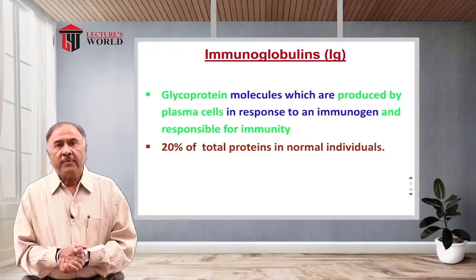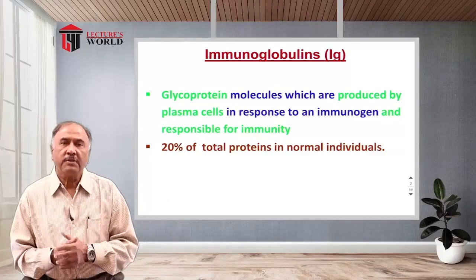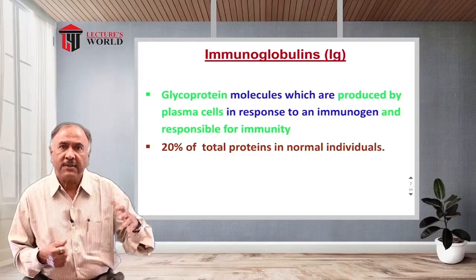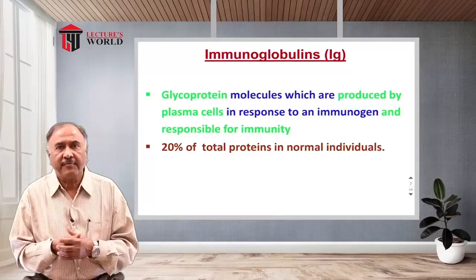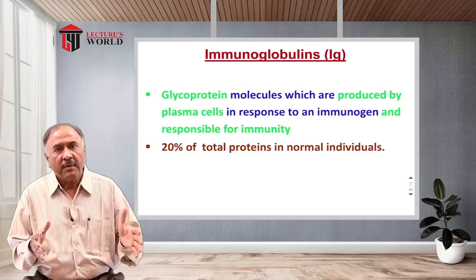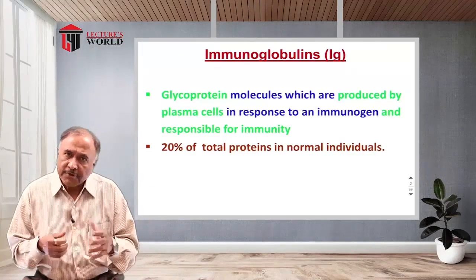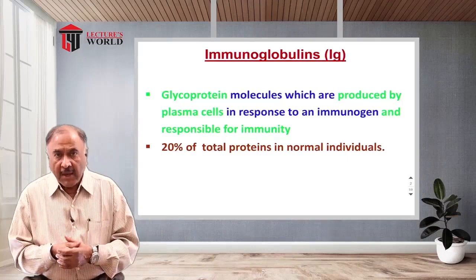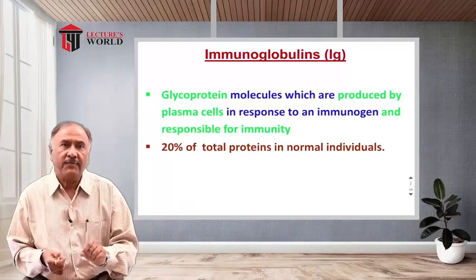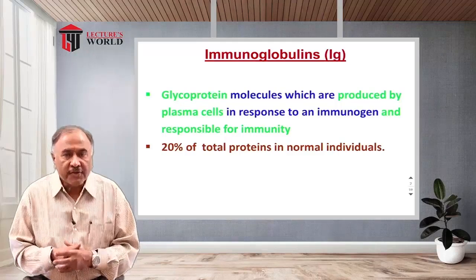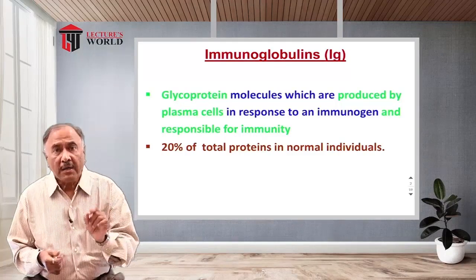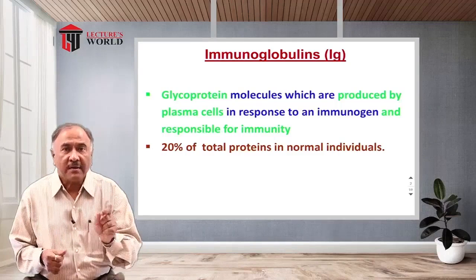It means whenever an immunogen comes across in the body, there are defensive cells which counter it by production of such molecules. And what is going to be its main function? Its function is to impart immunity. It means to impart resistance.